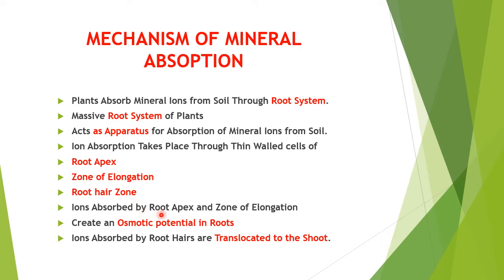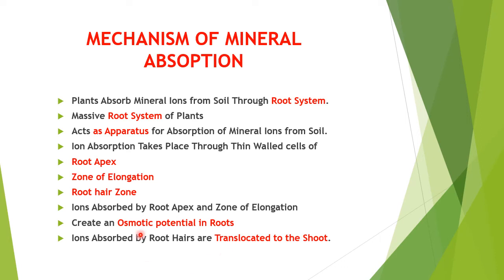Ions absorbed by the root apex and zone of elongation create an osmotic potential in roots. Ions absorbed by root hairs are translocated to the shoot, because there is lateral conduction and vertical conduction.